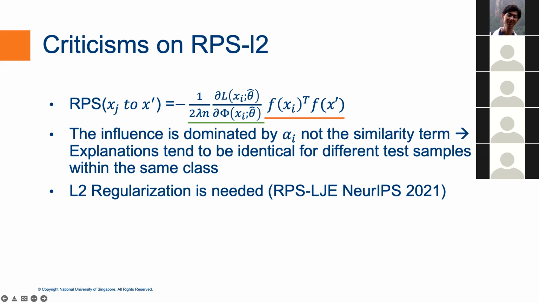Sorry, Ruofan, is that xj to x' or xi to x'? Xi to x'. Right. Because the green terms are fixed, and f(xi) is also fixed because it's from the training data set. So here the only difference is f(x'), and I think all the representations should be similar within the same class. So they provide the same explanation. Yeah, that's why.